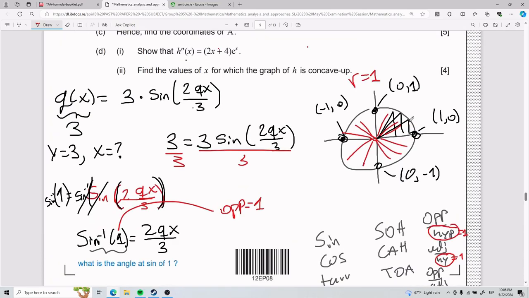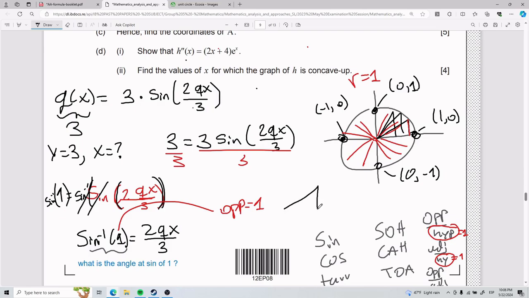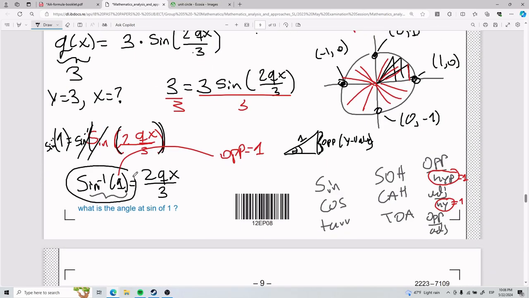And what is the opposite in all of these triangles? For sine, the hypotenuse is 1, and the opposite will always be the y value, because it's the vertical growth. So what this is telling you is to go to the unit circle and find the y value that equals 1.